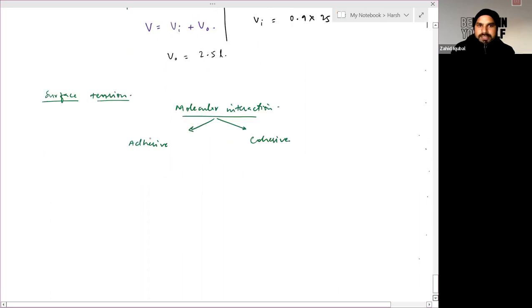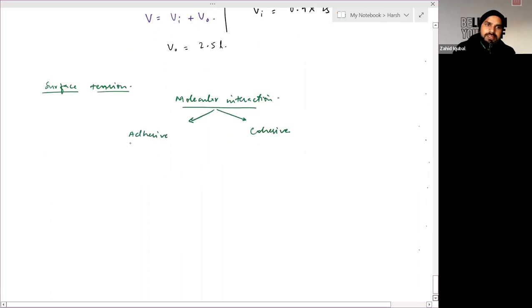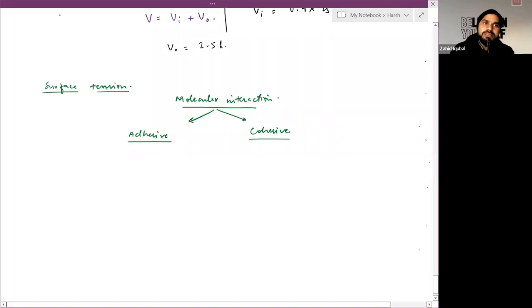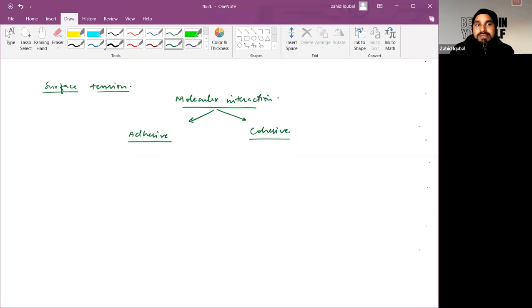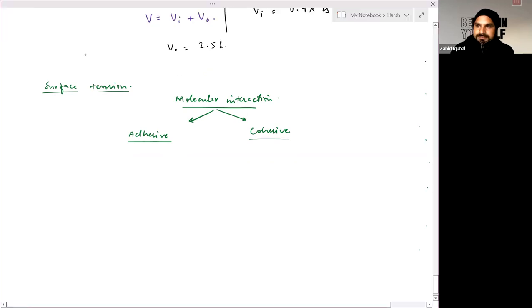So what do you mean by adhesive force and cohesive force? Adhesive force is force of attraction between particles of different matter or interaction between different particles. Similarly, cohesive force is force of attraction between particles of similar type or same type. Is it clear? Yes, sir.